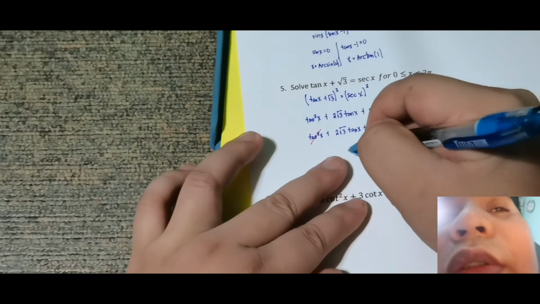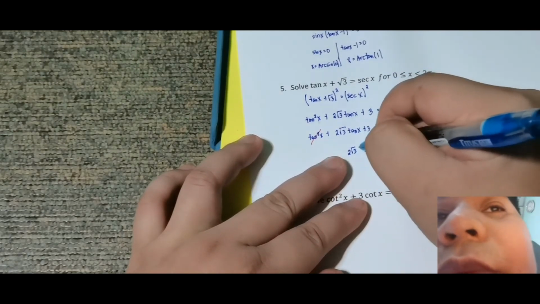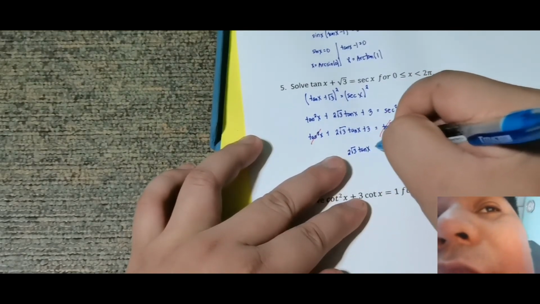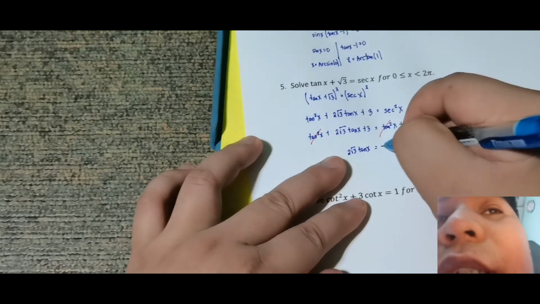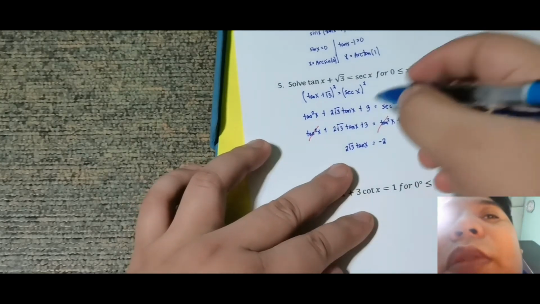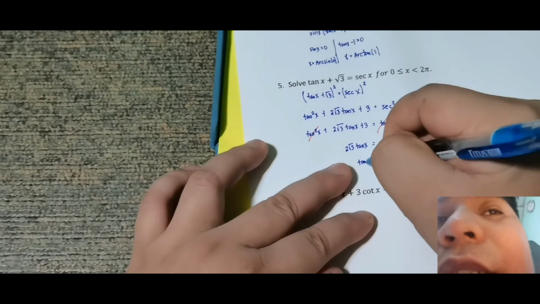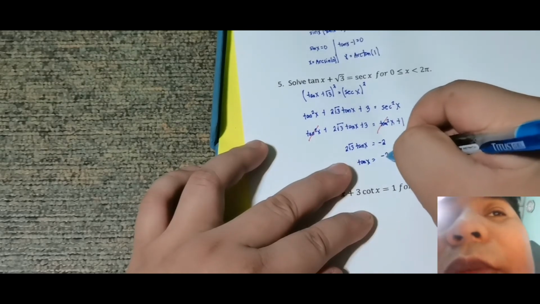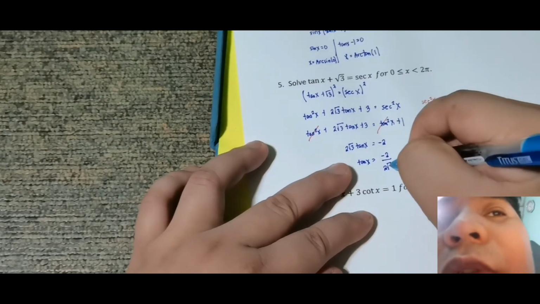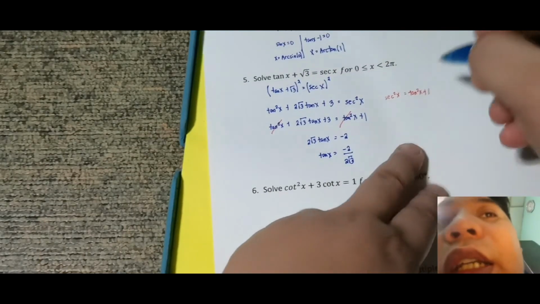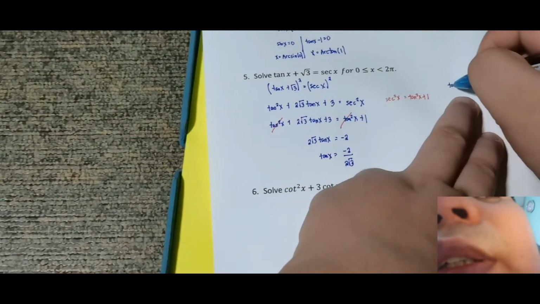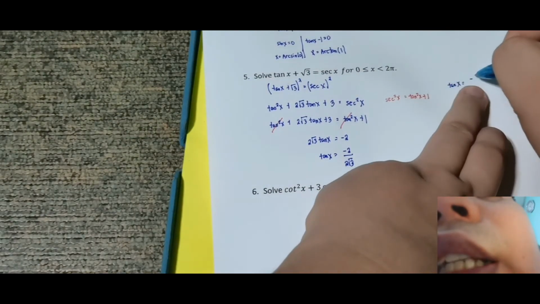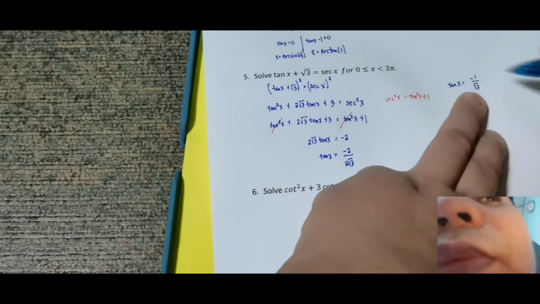So this is only 2 square root of 3 tangent x is equal to 1 minus 3 is negative 2. Divide both sides by 2 square root of 3. That is tangent x is equal to negative 2 over 2 square root of 3. Okay, then that is equal sa tangent x is equal to negative 1 over square root of 3. Okay, then rationalize natin konti.